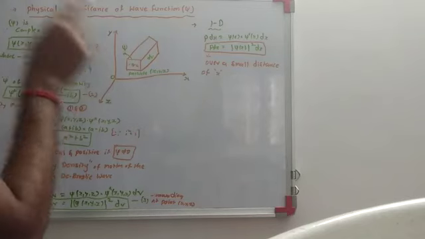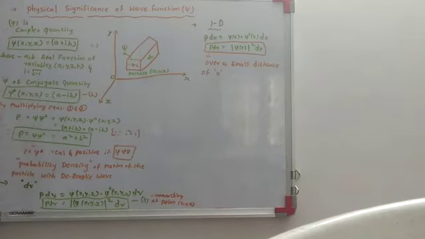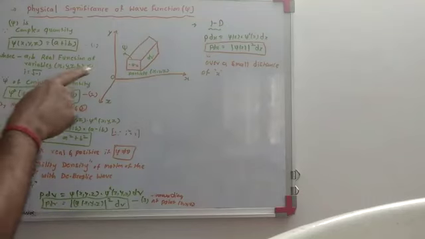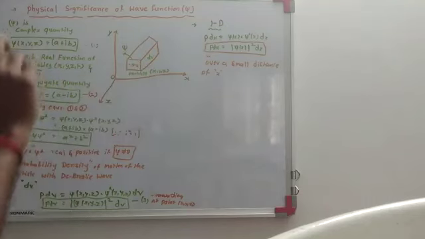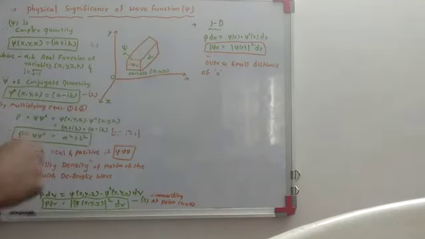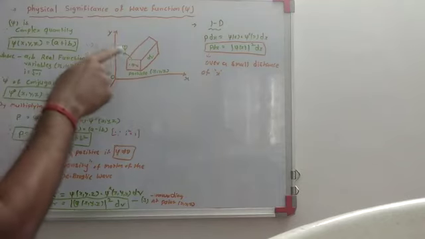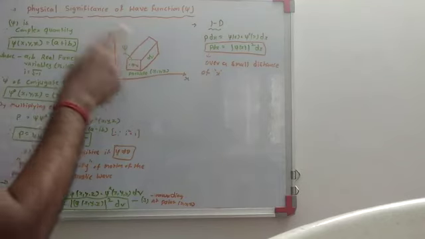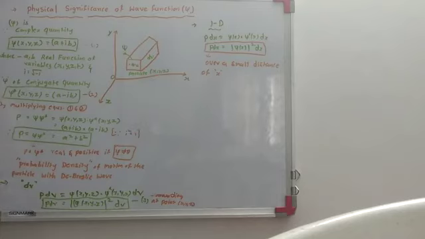The value of the wave function psi is associated with the motion of the particle at a point x, y, z in space.